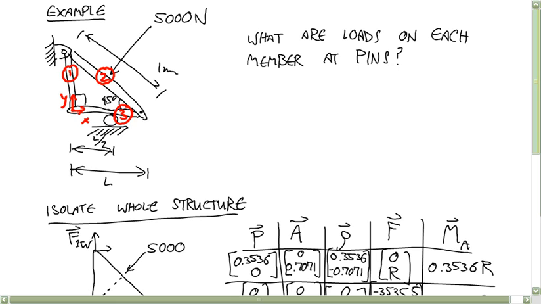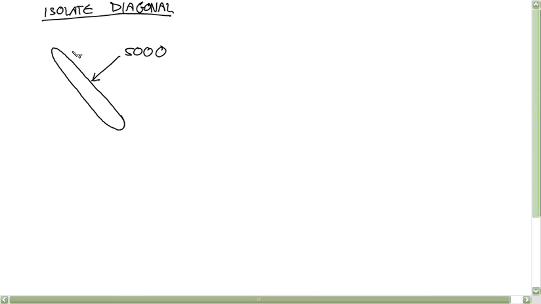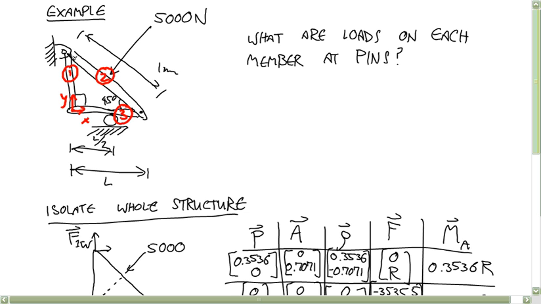Well, it's F21 on the top and F23. Right. So this pin here, this member is only touching the pins, right?